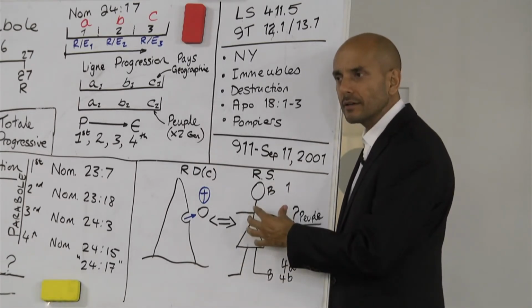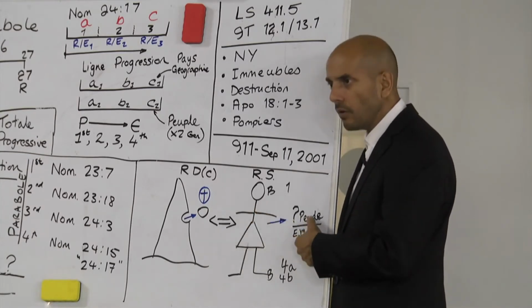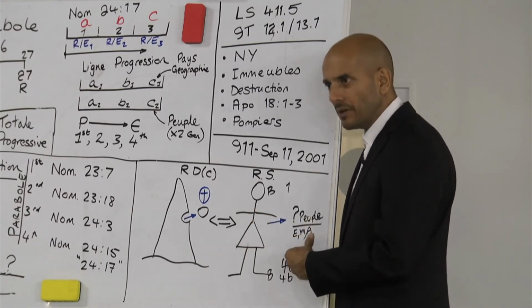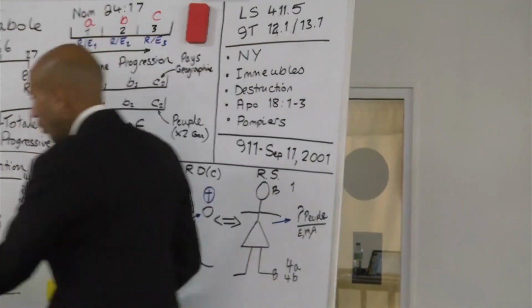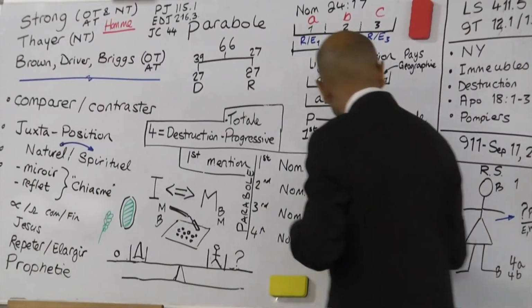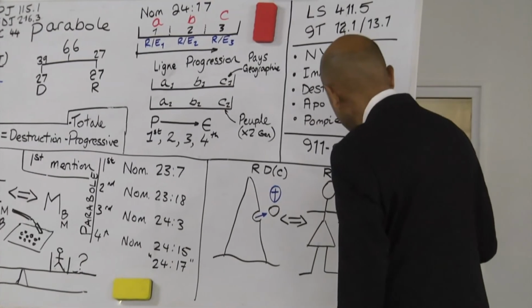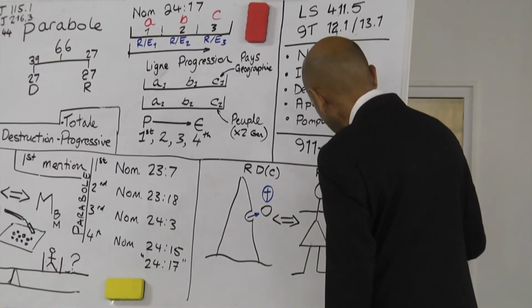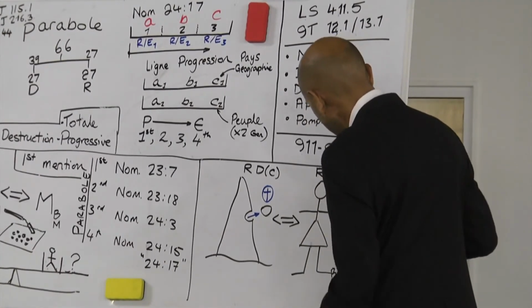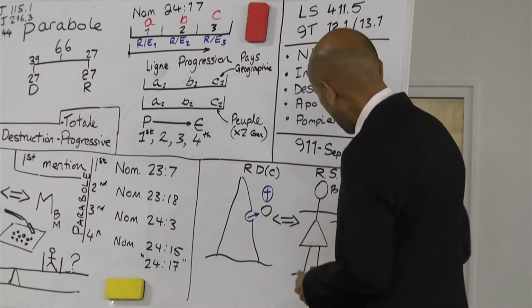Yes. My people, Edom, Moab, and Ammon, or in the imagery of Daniel 2, it's this wheat berry.